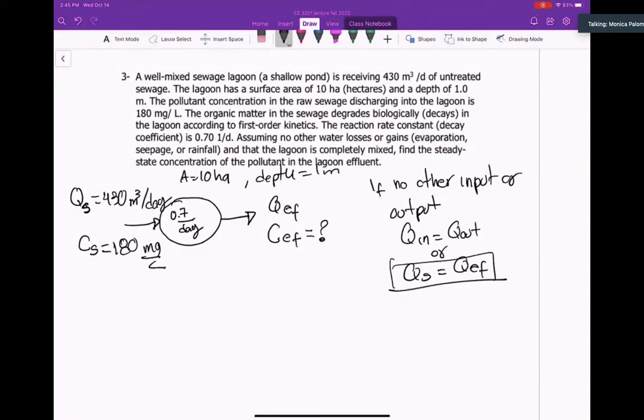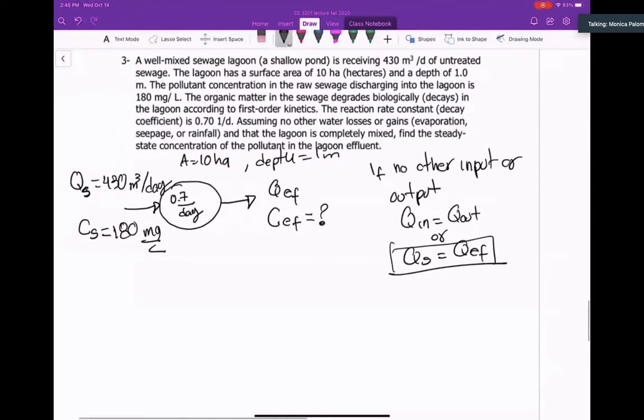If the system has another input or output, then it will be the sum of the inputs or the sum of the outputs, and that will be a different problem. You have a few of those in the practice problems. There are different types of problems for you to look into. So we have one line coming in, the inlet, and one going out.